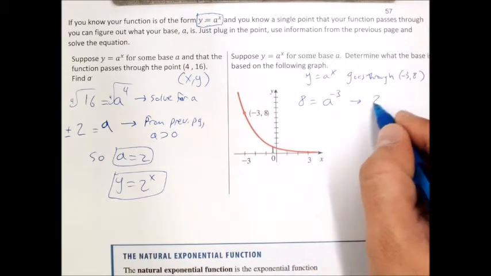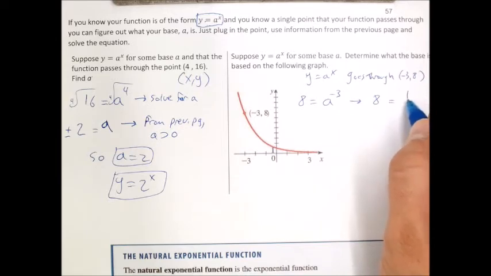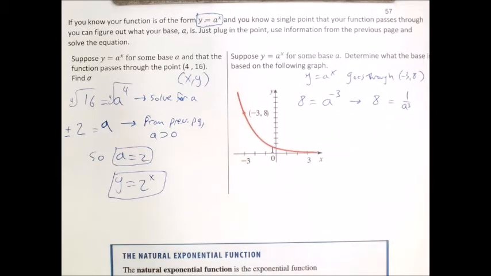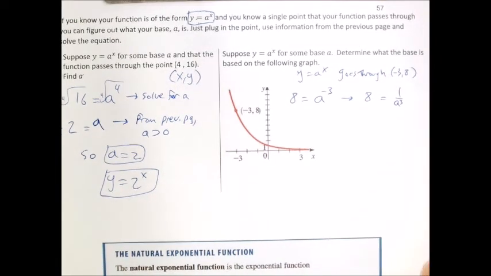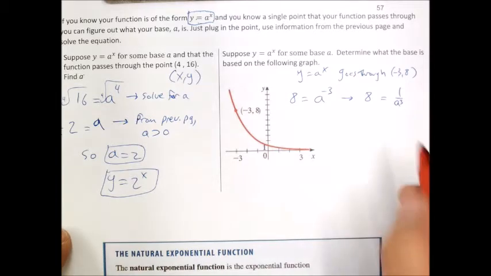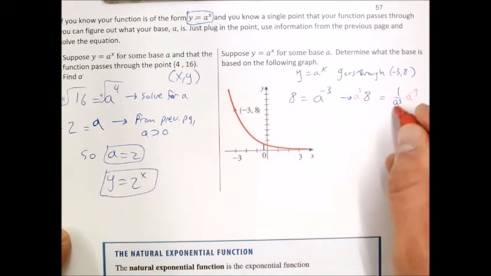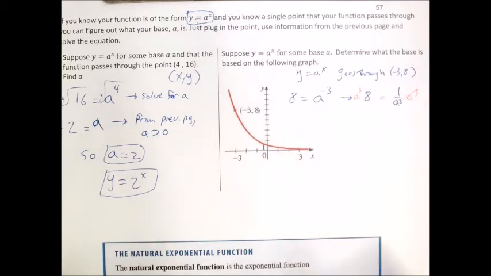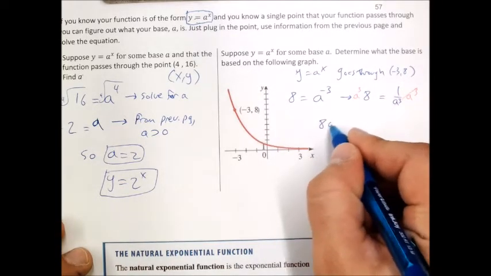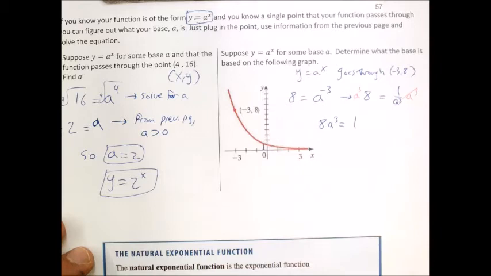We want to think of this as 8 equals 1 over a cubed. And we want to solve for a, right? And so we multiply both sides by a cubed so that they cancel on the right, and we get 8a cubed equals 1.